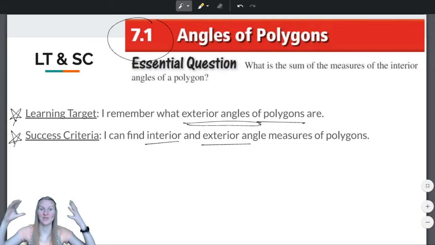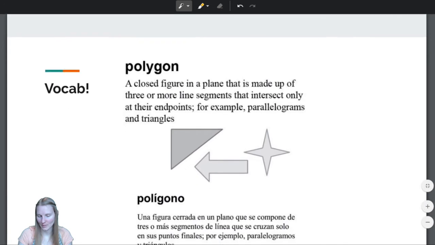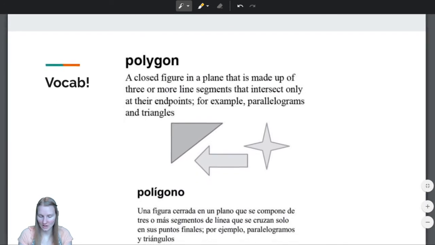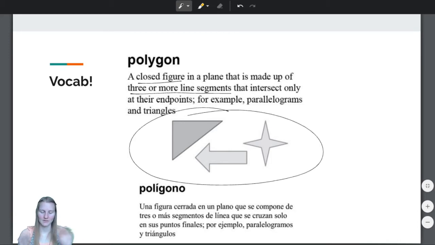We're going to bring it all together today and finish off our exploration of angles of polygons. To remind you, a polygon is a closed figure in a plane that is made up of 3 or more line segments that intersect only at their endpoints, just like these pictured here.